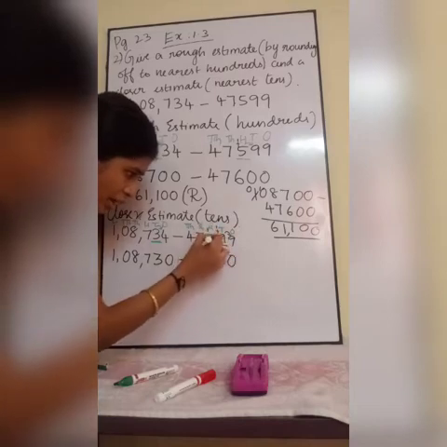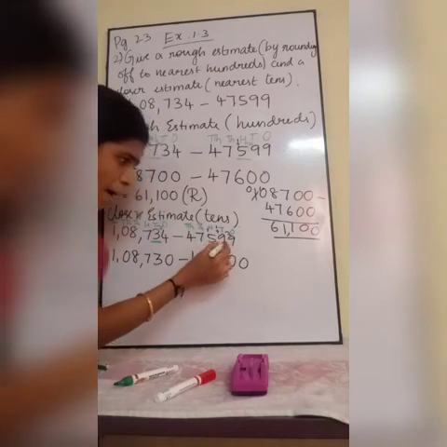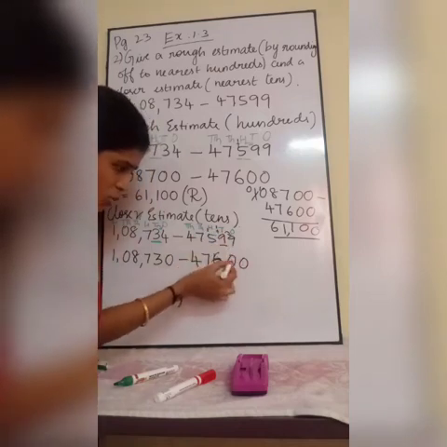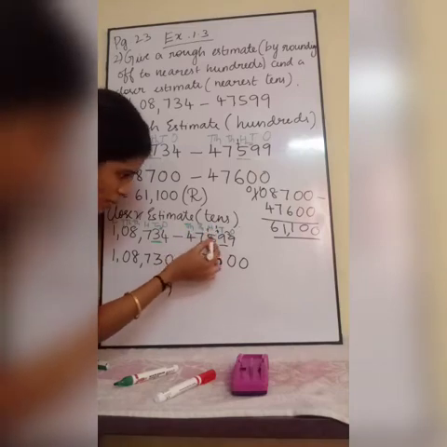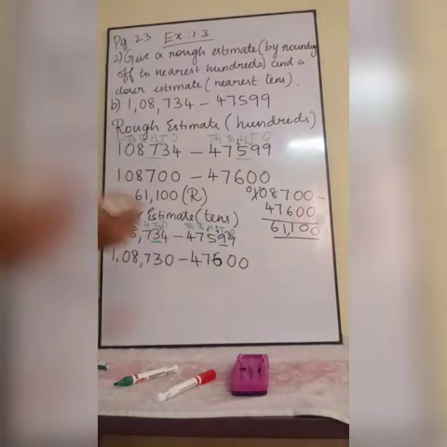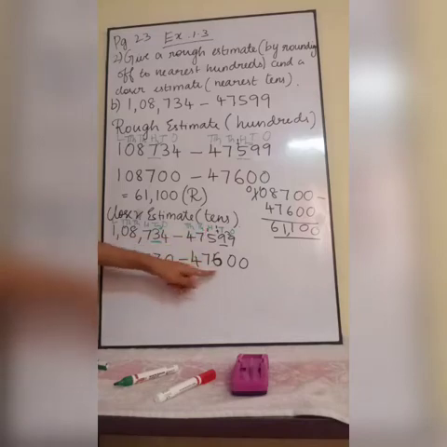So 0 I will write here, 1 will go up. 5 plus 1, 6. So this is my round off value.